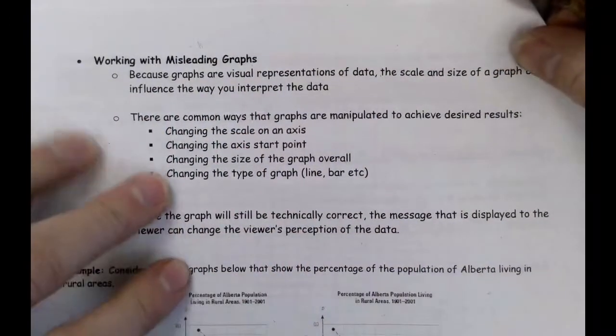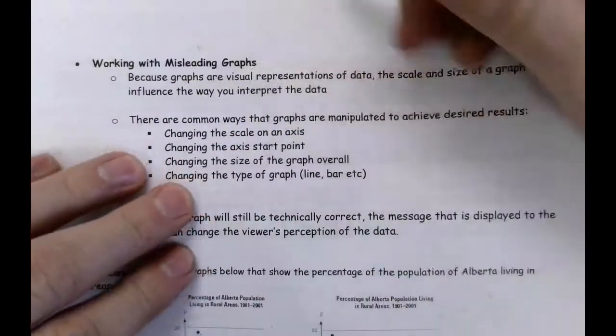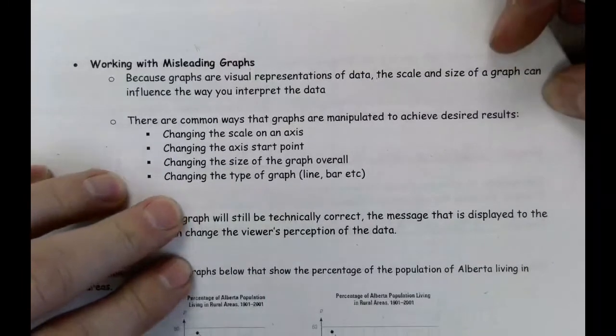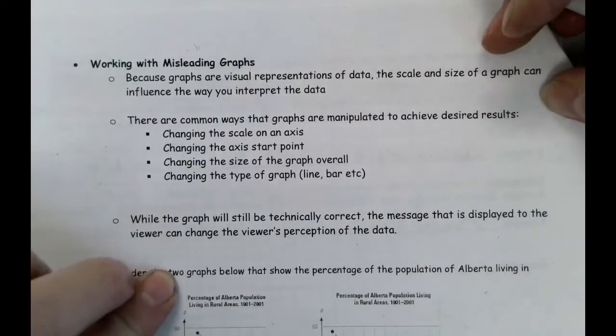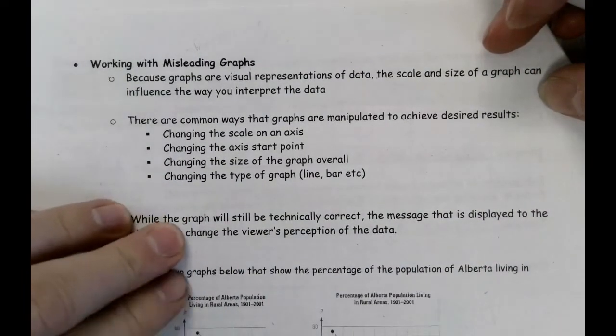Okay, now let's just take a moment here and talk a little bit about working with misleading graphs. Sometimes when information is presented graphically, the intention is to confuse the person who's reading it.